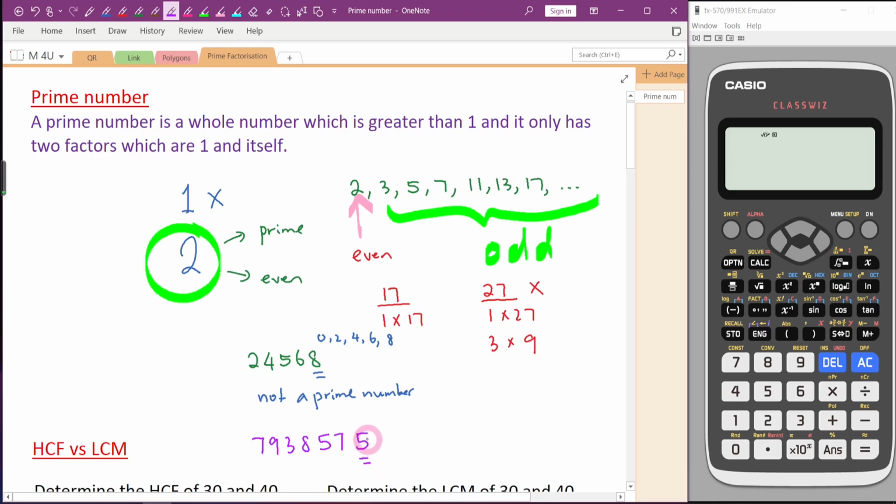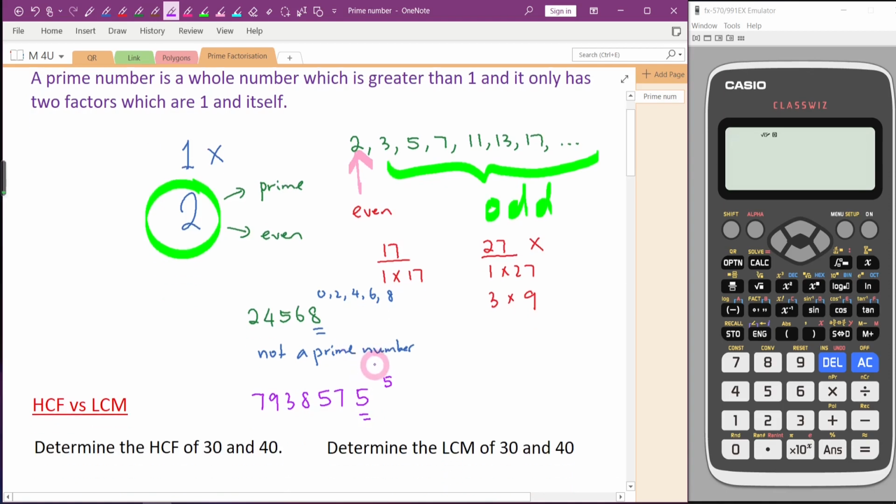If the digit at the back here is 5, we know that this number definitely can be divided by 5. And just now I told you that a prime number only has 2 factors, which are 1 and itself, right? So this number definitely can be divided exactly by 1, and definitely it can be divided by itself. But it can be divided by 5 also. Now we know that this number has more than 2 factors.